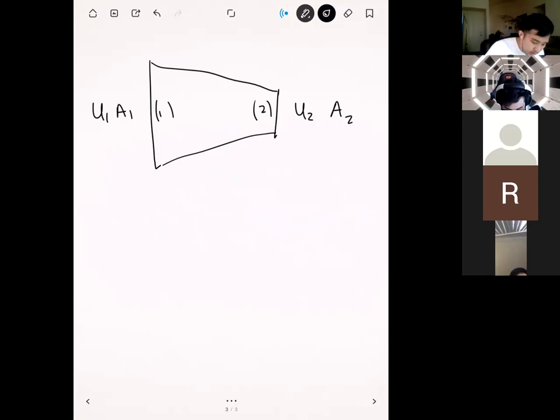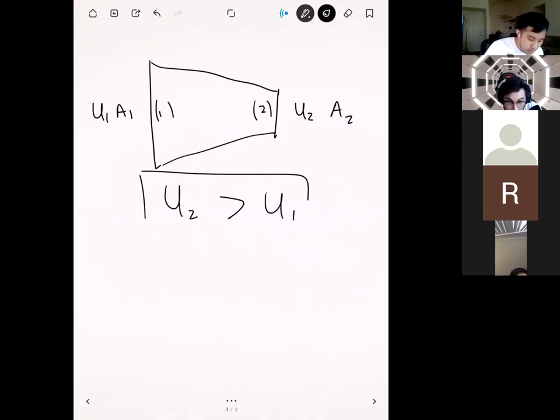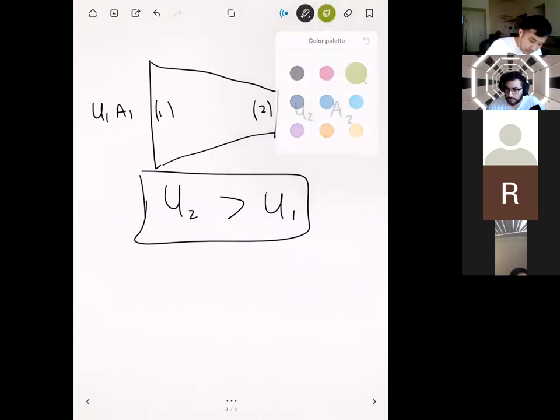What this tells us is that U2 is greater than U1. In order to satisfy conservation of mass, the flow has to speed up to get through this smaller area. And so what that means is that there is an external force applied by the nozzle going in the direction of the flow.